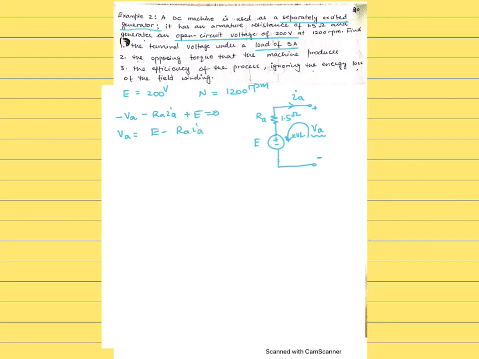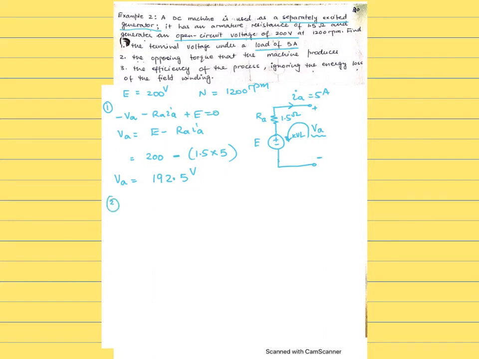Since it says under a load of 5 amperes, that means IA is going to be 5 amperes when we're calculating it. So E is 200 volts minus RA, 1.5, multiplied by 5 amperes, the load current. And that gives you the value of the terminal voltage. And you can see that E is taking care of the terminal voltage as well as the loss across the resistance. That's part 1.